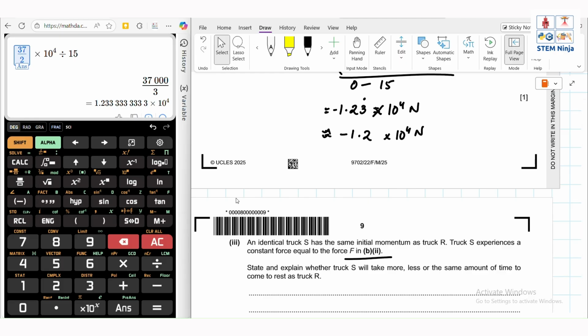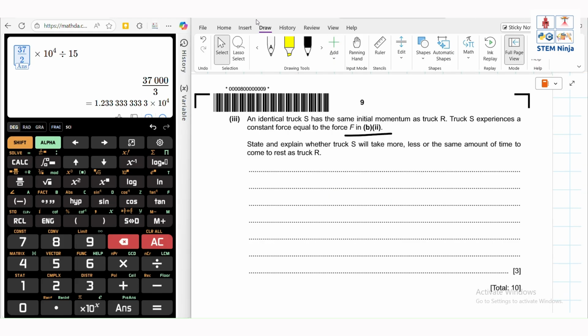Either way, whatever this is causing deceleration. Okay, so the key word over here is this is a constant force.